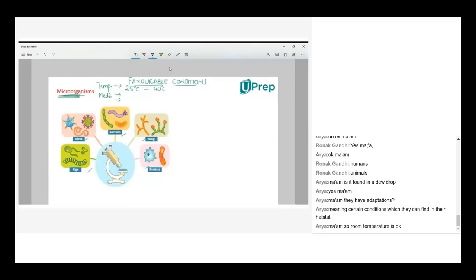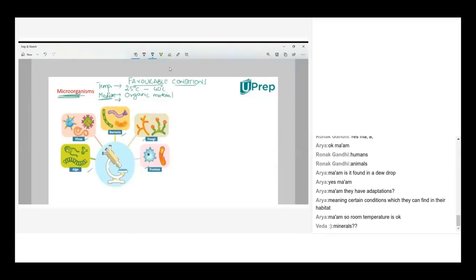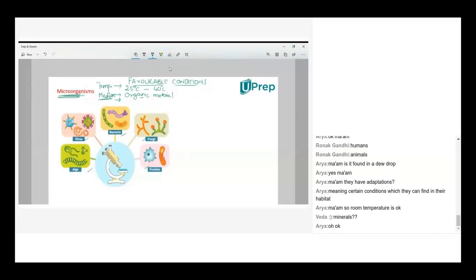Medium is the thing we call organic material, like the food material in other sense. If the organic material is sufficient, the microorganisms will grow. Yes, kind of minerals, organic material. We are talking about favorable conditions where numerous microorganisms will divide and grow. Then that's called the medium.